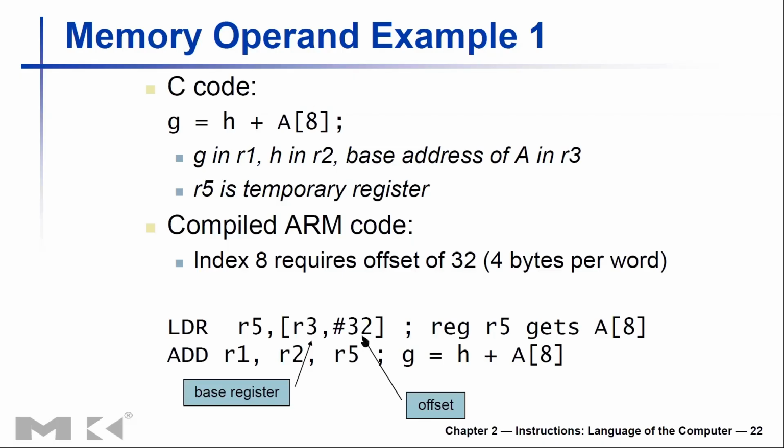So to access the 8th element, you need to add 32 to this R3, and only then should you perform the load operation. So that memory offset is specified here as an immediate value. These things we call immediate values. Hash 32, you have to use it.